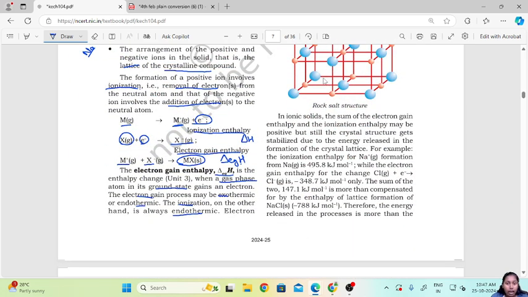Now, in ionic solids, the sum of electron gain enthalpy and the ionization enthalpy may be positive, but still the crystal structure gets stabilized due to the energy released in the formation of the crystal lattice. So in an ionic solid, when you add both the enthalpies, the energy required to take up an electron and to remove an electron, even though this total gives you a positive value, the crystal structure still gets stabilized due to the energy released by the formation of the crystal lattice.